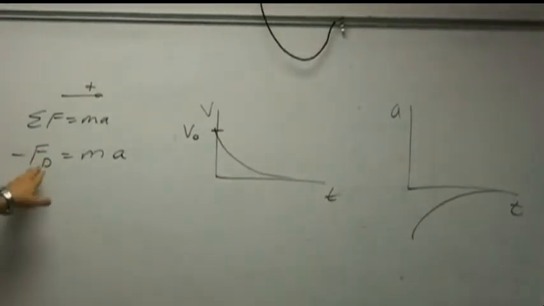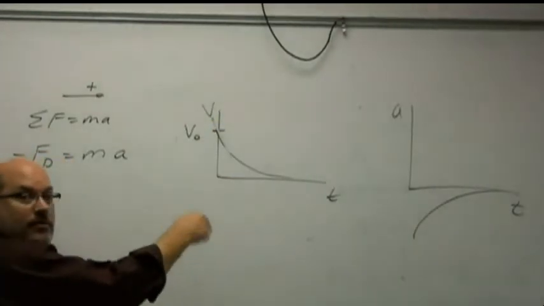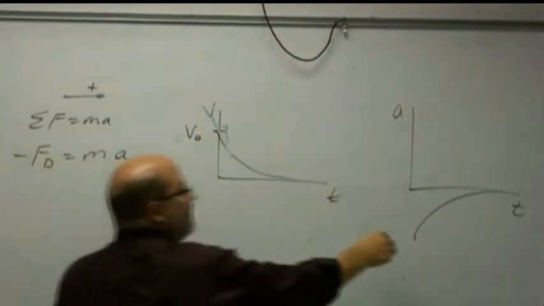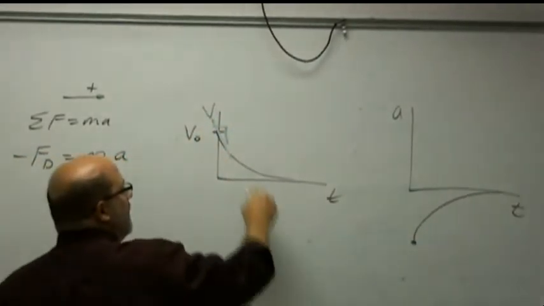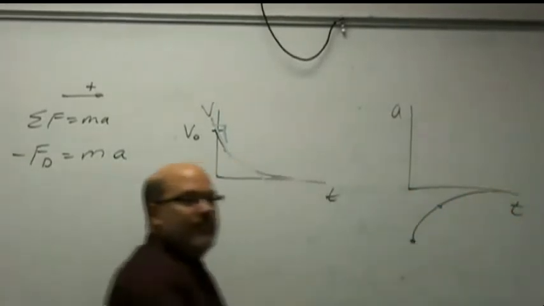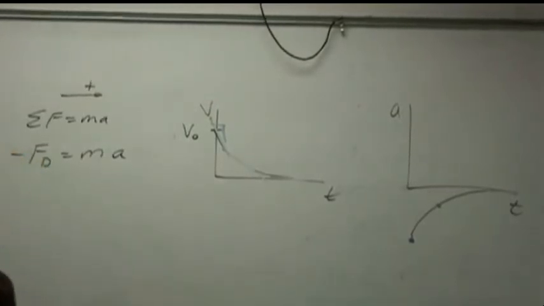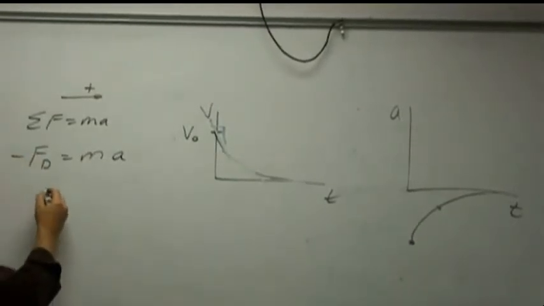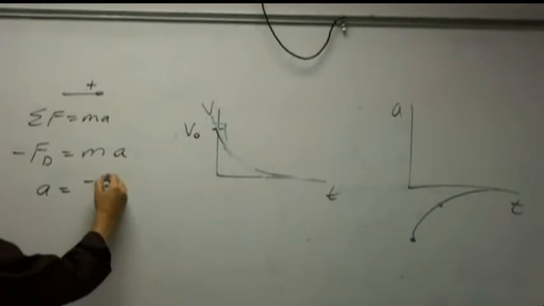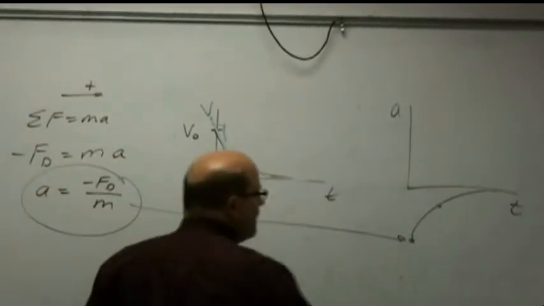Because of the slope here. This slope here equals this value, and this slope here equals this value, and this slope here is 0. What will your initial acceleration be? The acceleration will be negative F_d over m. That value is that one right there.